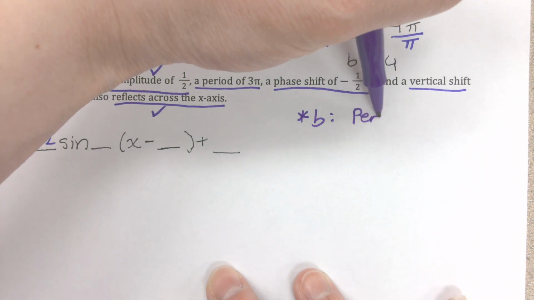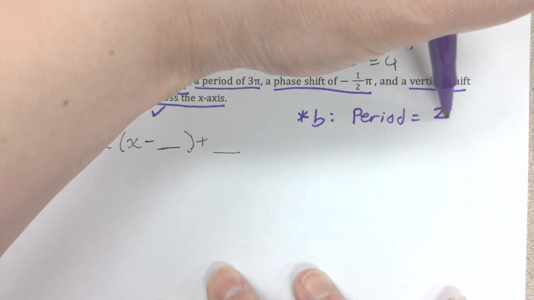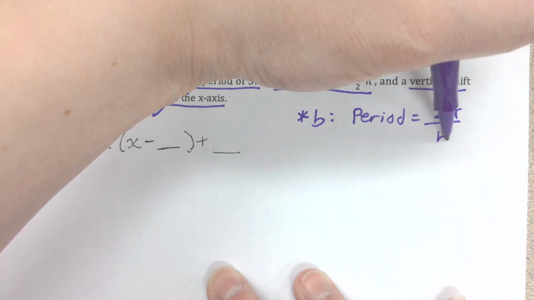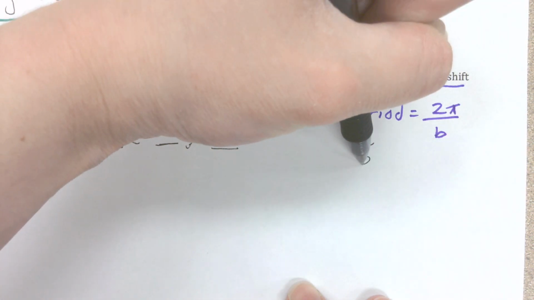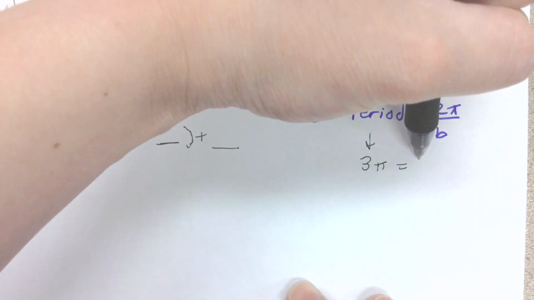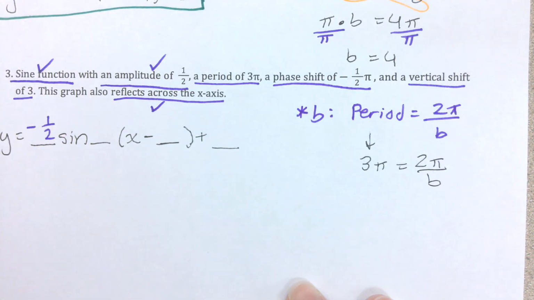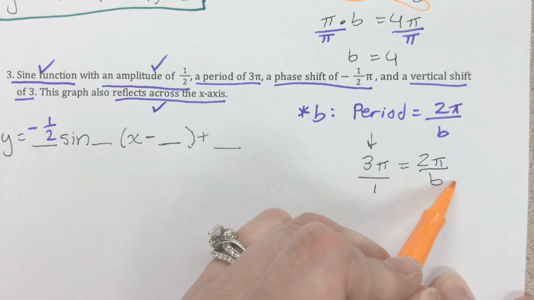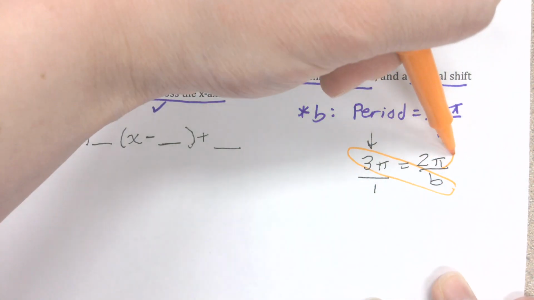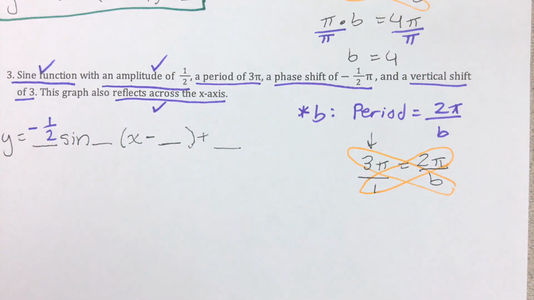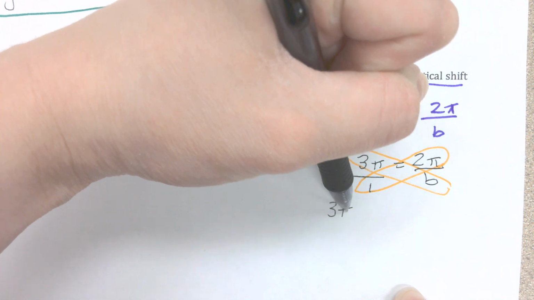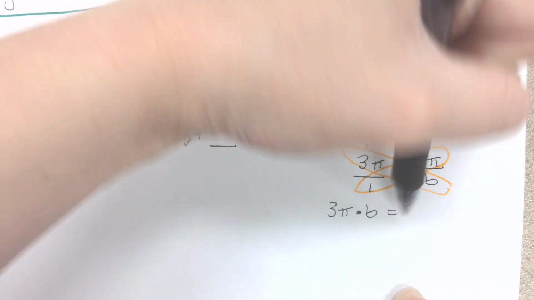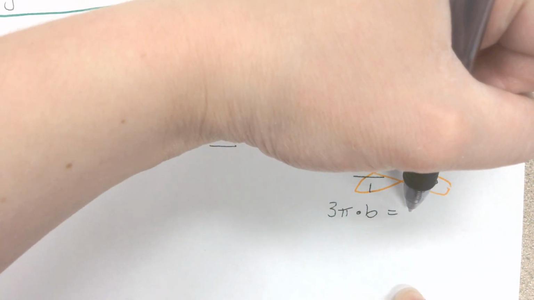Once again, it's period equals 2 pi over B. This time we know that the period is 3 pi equals 2 pi over B. Drop a 1 under the 3 pi to cross multiply. Crossing left, we have 3 pi times B. Crossing right, we just have 2 pi.